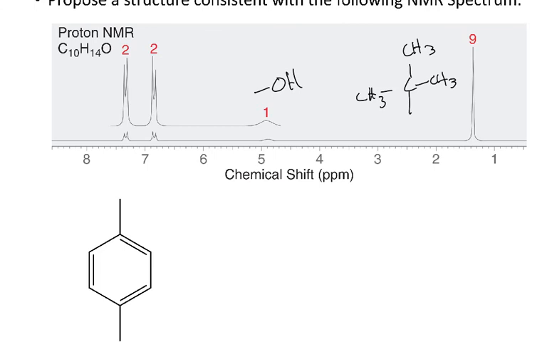And I guess I should have said, when I identified this peak as an OH, it's also fairly far downfield, which is a good indication that I've probably got an OH. This is a little bit far downfield for a normal OH, but the fact that it's next to the benzene ring is going to shift it downfield even further than we might expect.